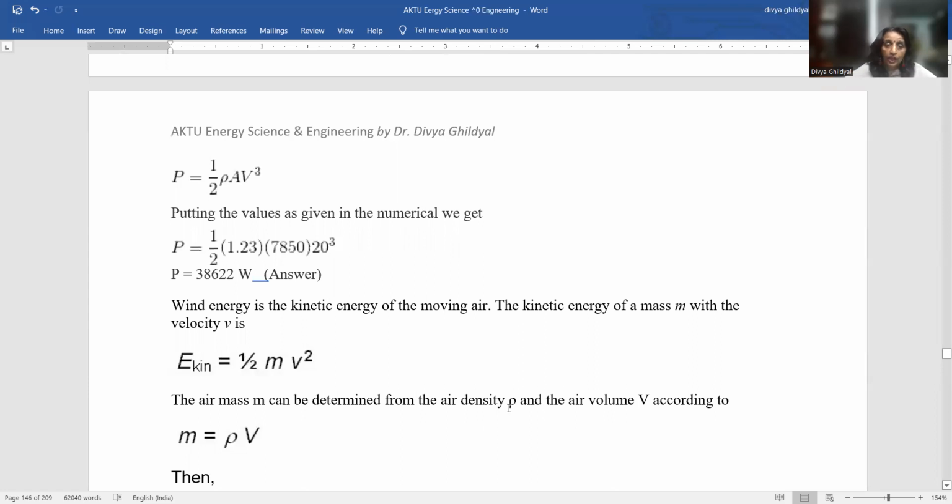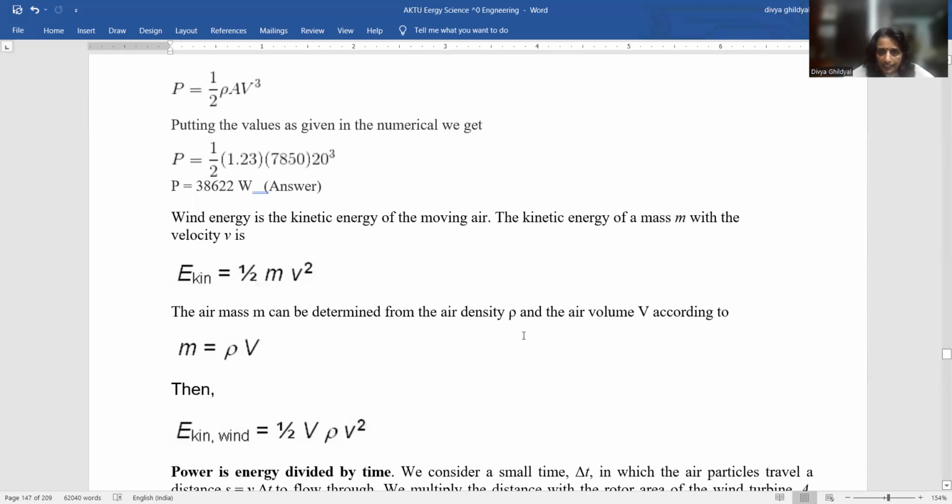Wind energy is the kinetic energy of the moving air. So kinetic energy, do this formula along with me, is given by half mv square. The air mass can be determined from the air density rho and air volume V, as mass is volume into density.